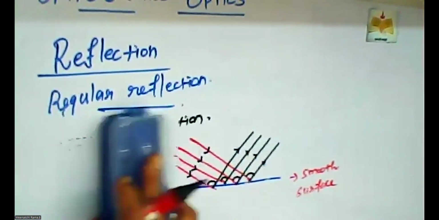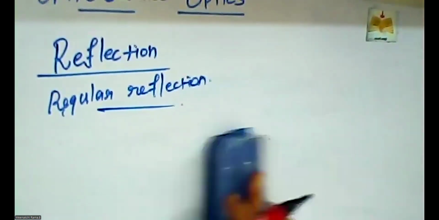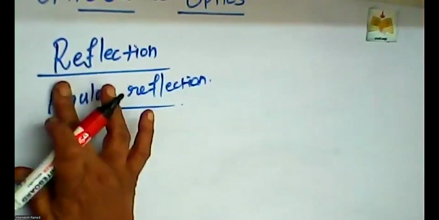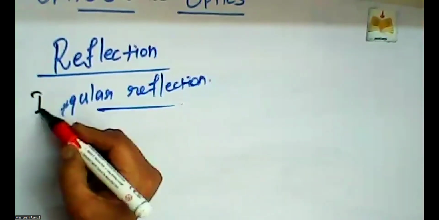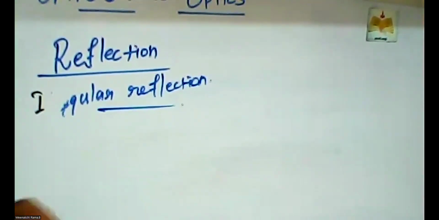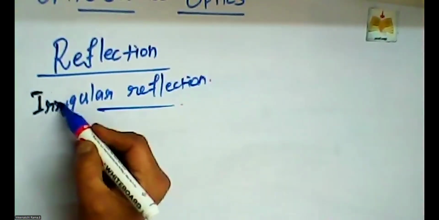And then the next one is irregular reflection. What is irregular reflection? Irregular reflection means the body has a rough or irregular surface.